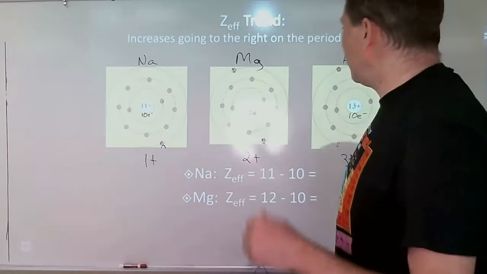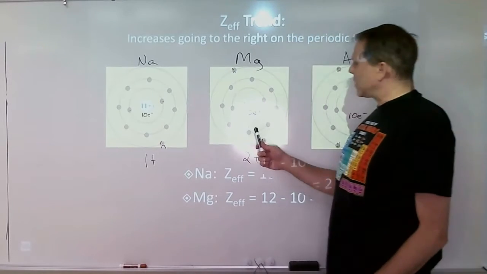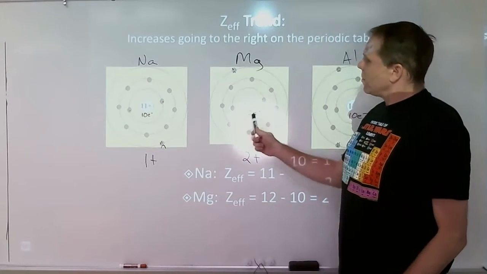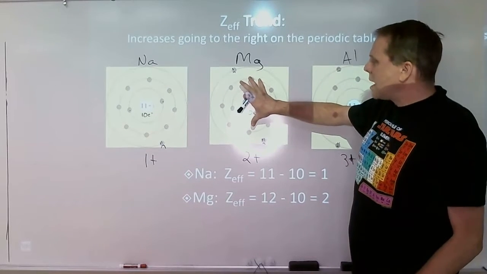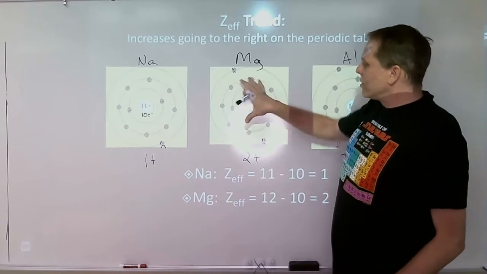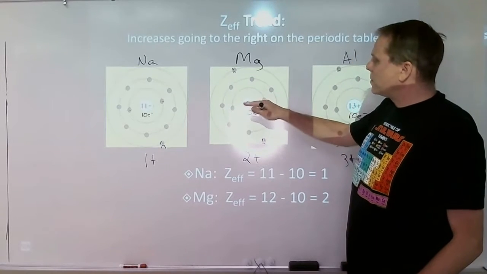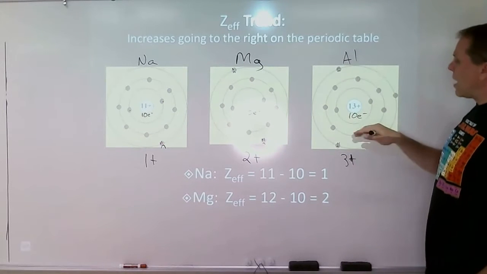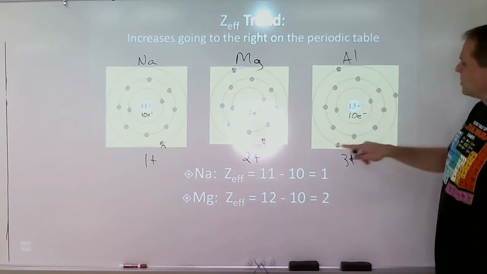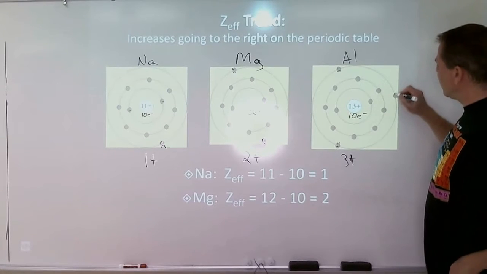And so what you have here in this case is a greater positive with the same amount of negative, okay? So they don't balance out in the same way. So there's more of an attraction between this positive and that outside 2 negatives. And there's even more of an attraction between this positive and those outside little bit of negatives, right?